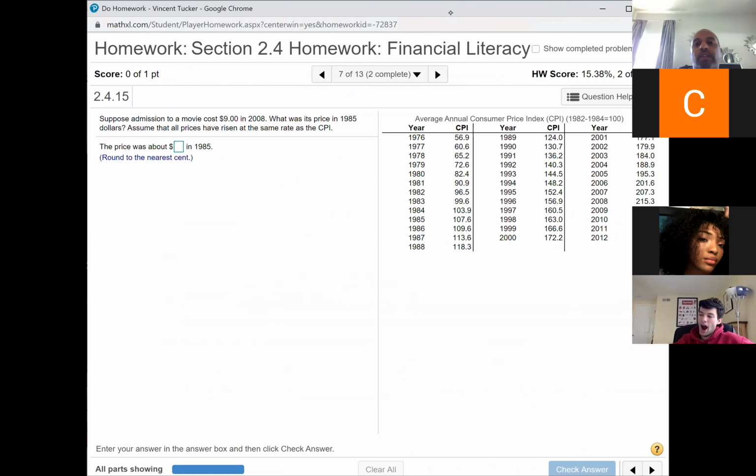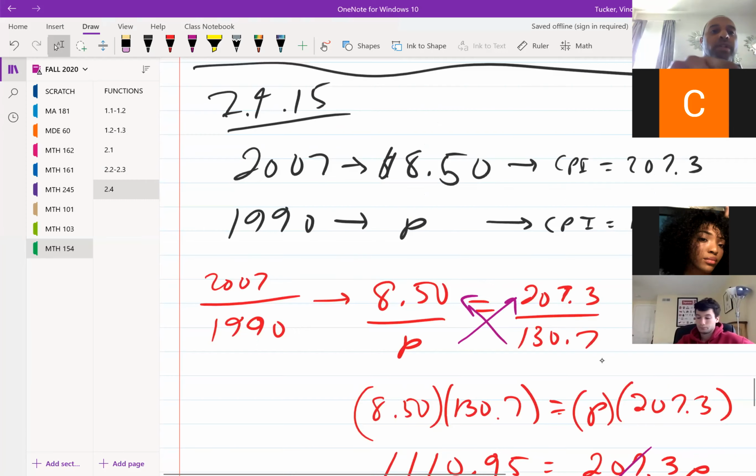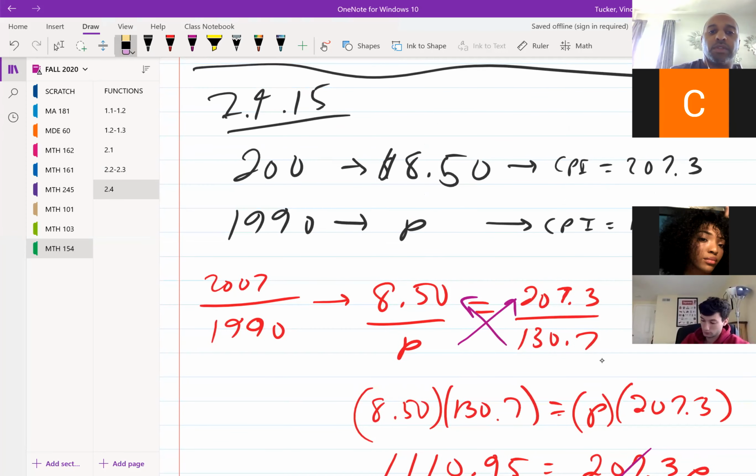They give us the chart, CPI chart, Consumer Price Index. Suppose admission to a movie cost $9 in 2008. What was its price in 1985? So we're looking at 2008 and 1985.